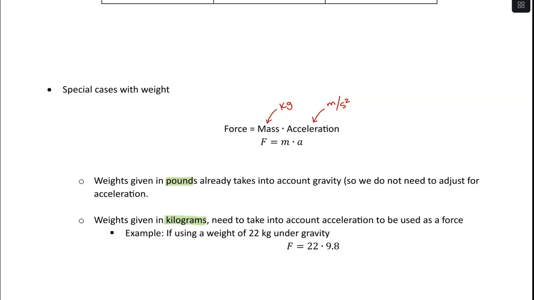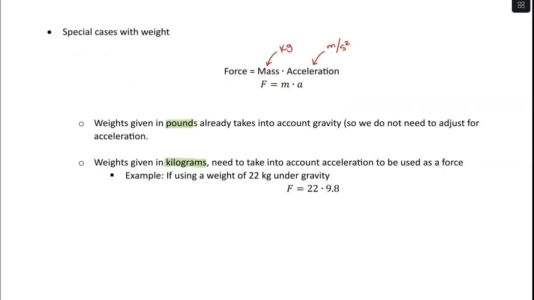If we were given just a weight of 22 kilograms, we would need to do 22 times 9.8. 9.8 meters per second squared is our value for gravity. That'll be a good one to have memorized, but I'll try to include it if we need it in our calculations. Just pay attention to the unit: this is 22 kilograms times 9.8 meters per second squared.